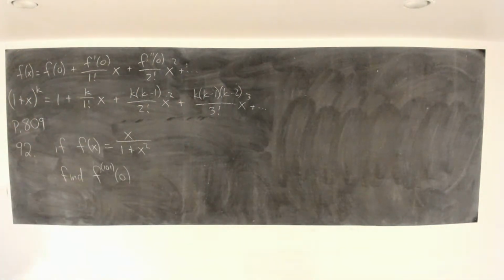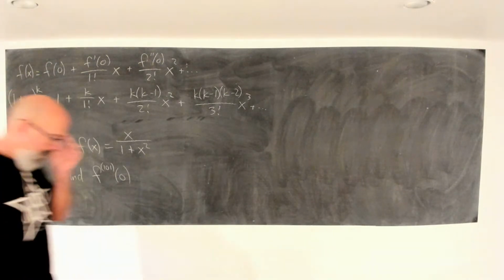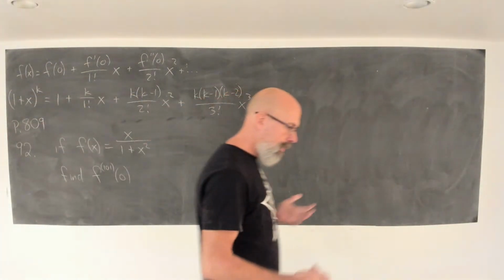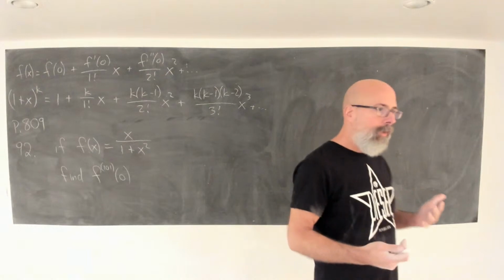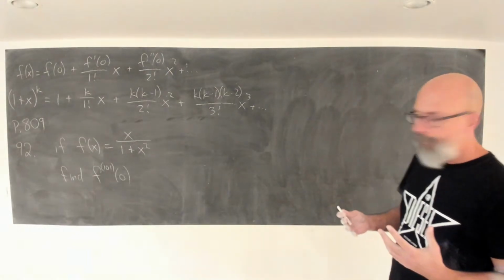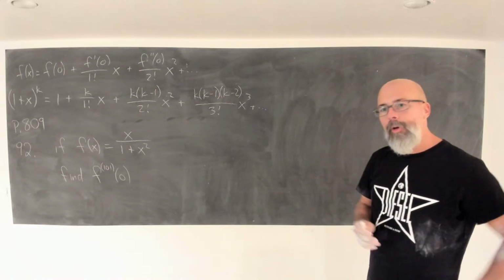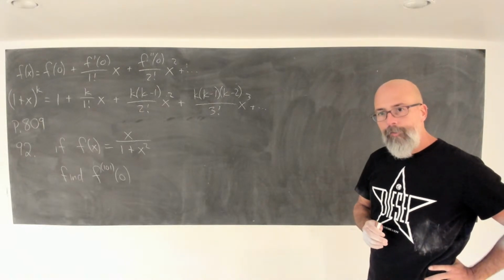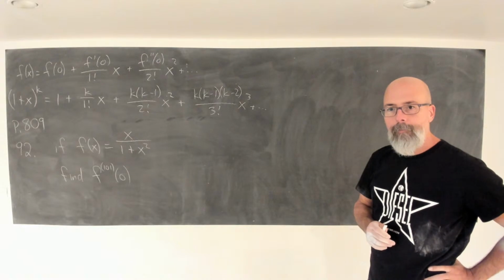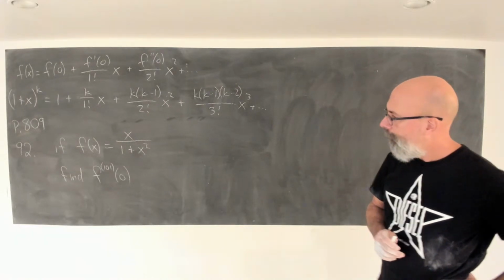There is. And the idea is to notice that in a Maclaurin series, you have all the derivatives of the function at 0. Right?